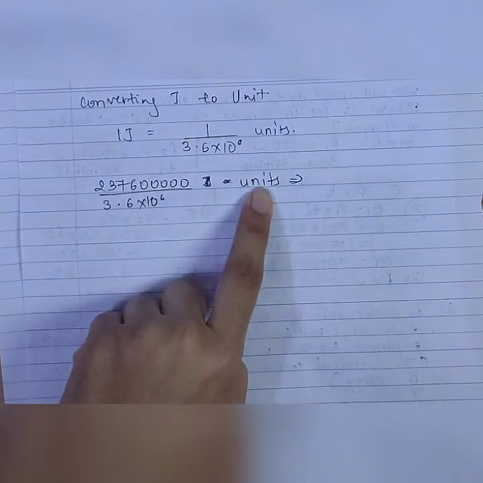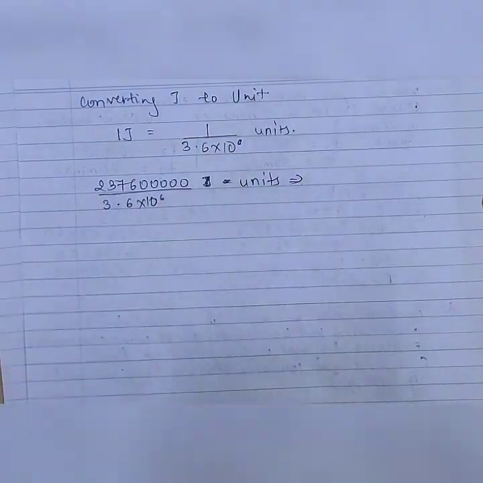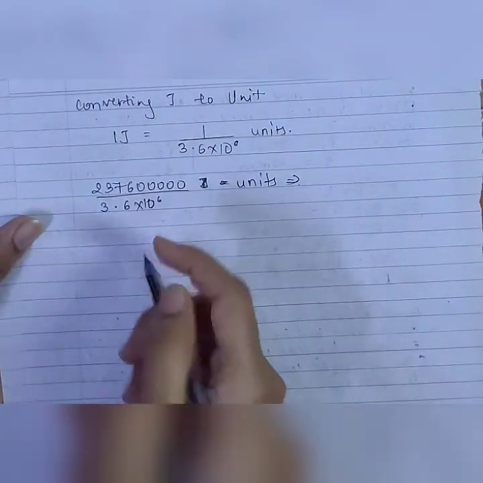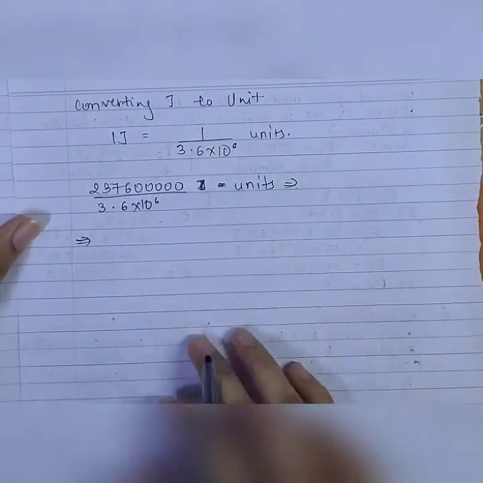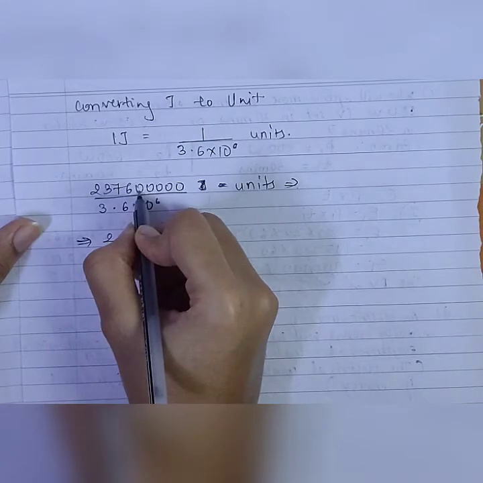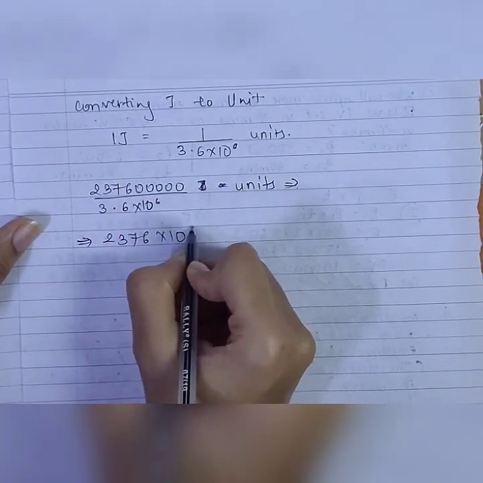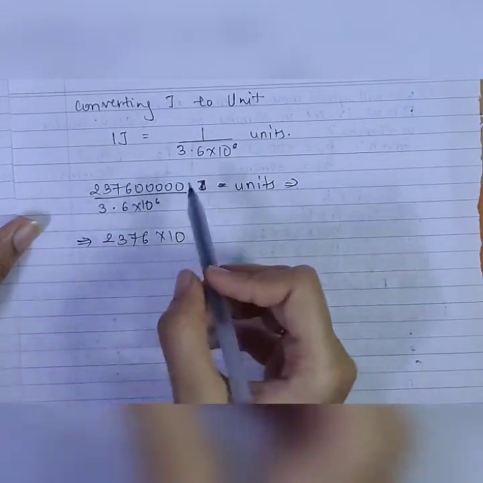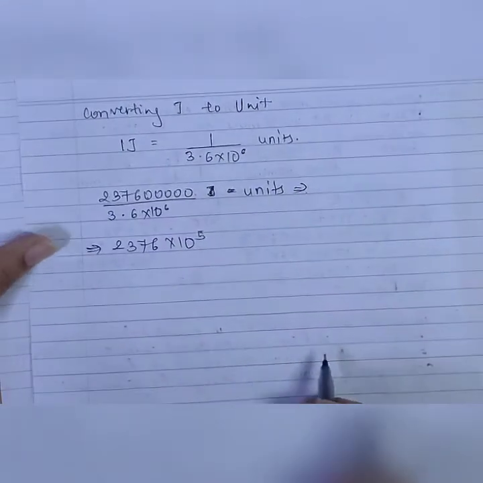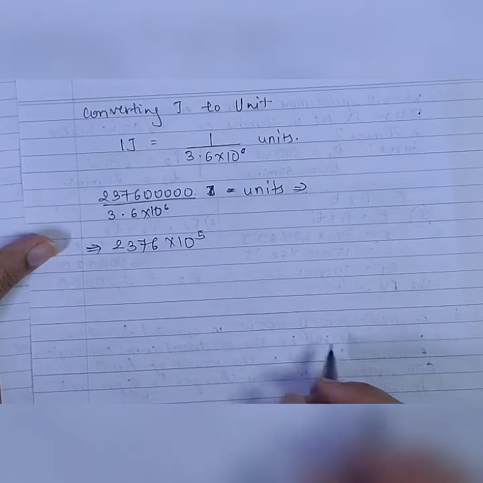This will become units. Now again, how are you going to divide this? I'll give you a short trick again. 2376 and 5 zeros, that is 10 raised to 5, because I've been saying it again and again: 5 zeros, therefore 10 raised to 5.